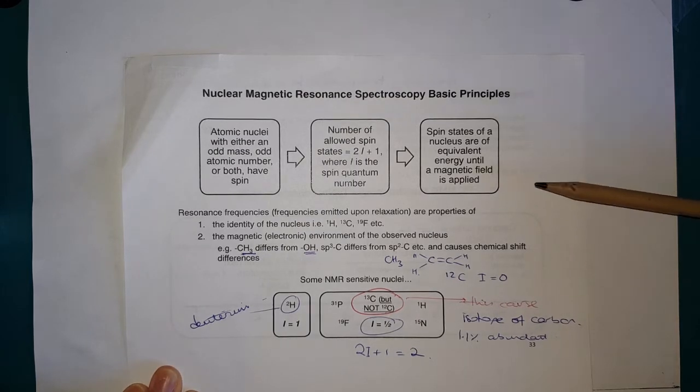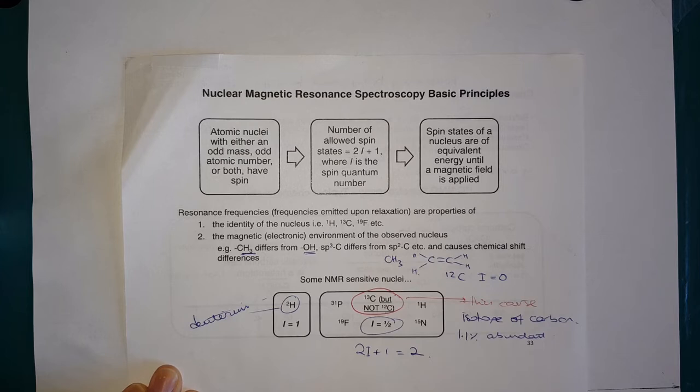So when we apply this magnetic field and then we apply a radio frequency pulse, and we then switch the pulse off and a radio frequency is emitted, this is called a resonance frequency. So it's a frequency that's emitted upon relaxation, and that frequency depends on a few things. The first is the identity of the nucleus. So is it a proton? Is it a carbon-13? Is it fluorine-19?